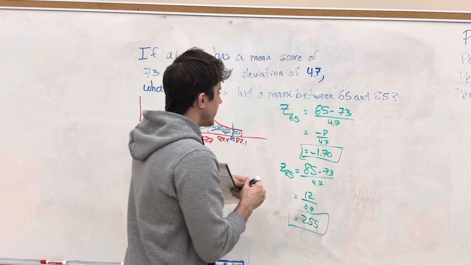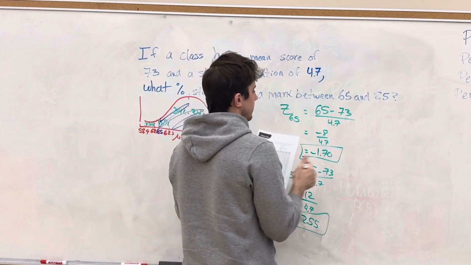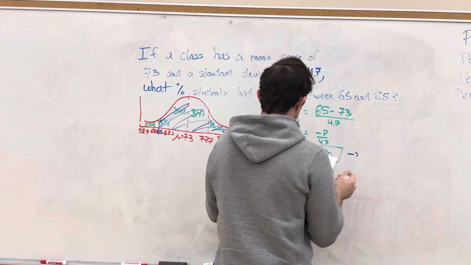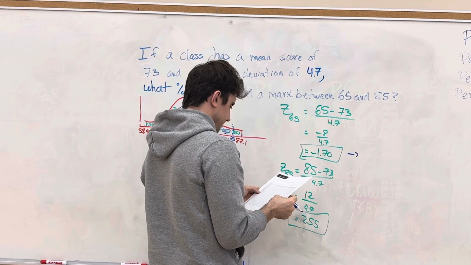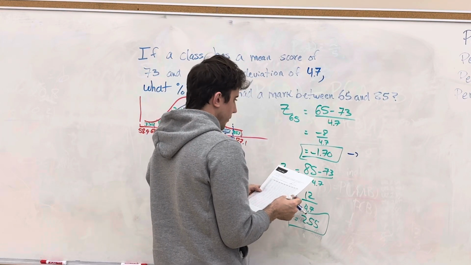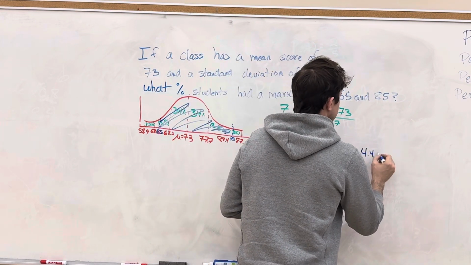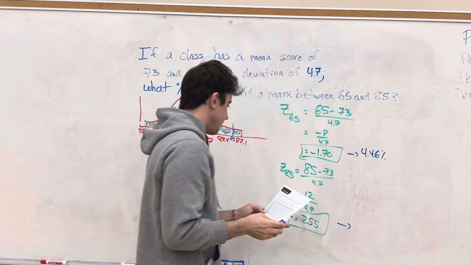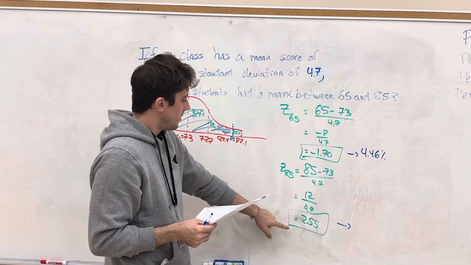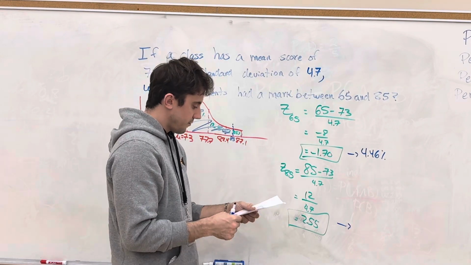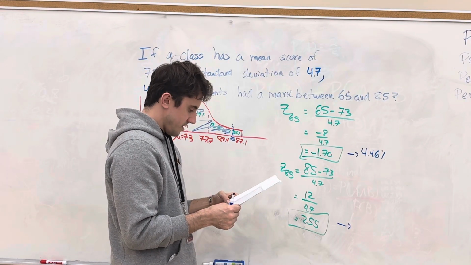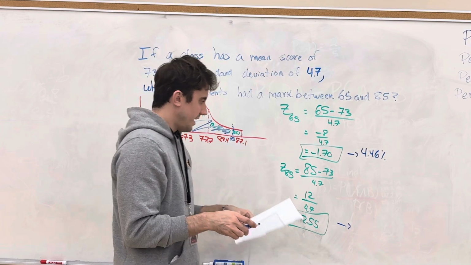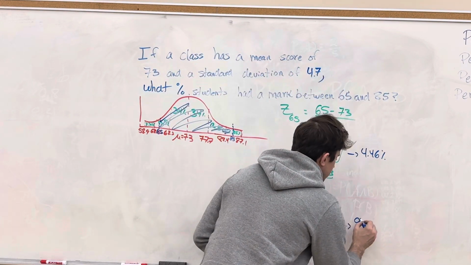The percent of data that falls to the left of negative 1.70 is 4.46%, and the percent of data that tends to fall to the left of a z-score of 2.55 is 99.46.